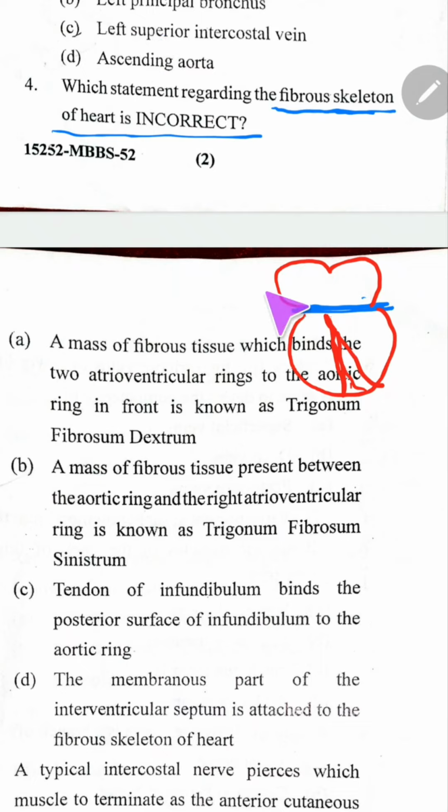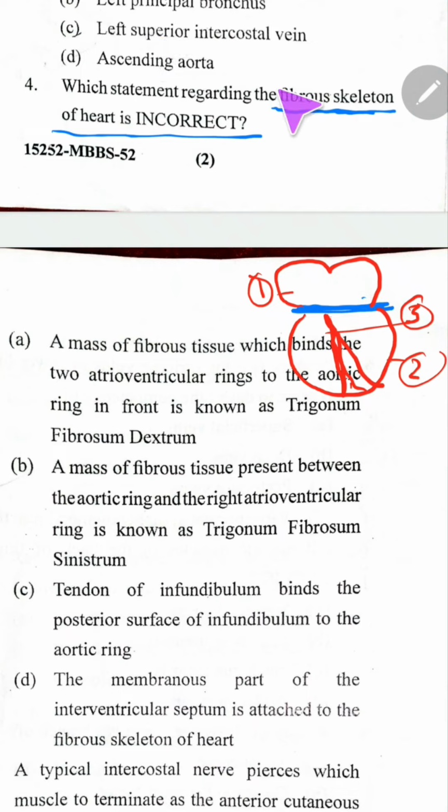So one thing is the muscles of the atria, second is the muscles of the ventricles, and third that is attached is the membranous portion of the interventricular septum.